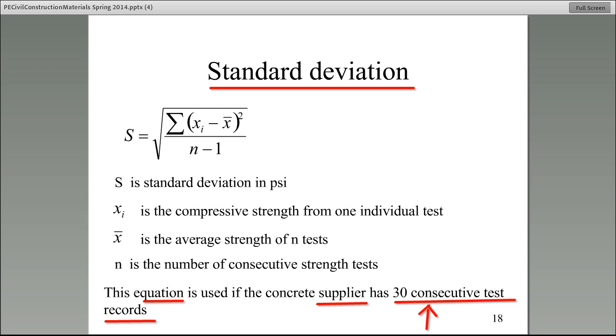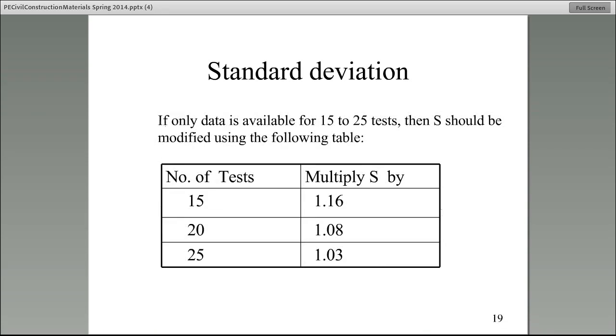If they don't have 30 tests, this is the table that you need to use. I need for you to tag this page also. Sometimes this is a very simple question, but it lends itself to multiple choice type questions. What if a concrete supplier does not have enough data to calculate its standard deviation based on 30 consecutive tests?